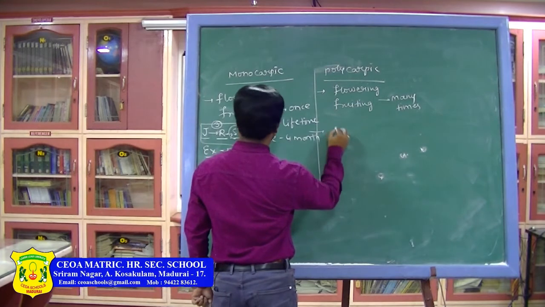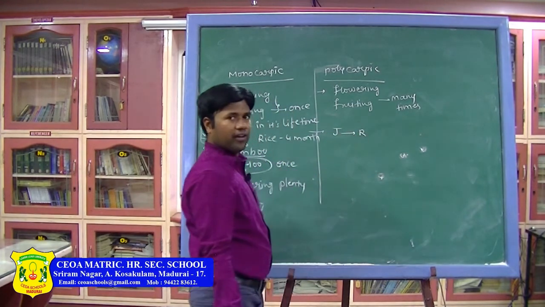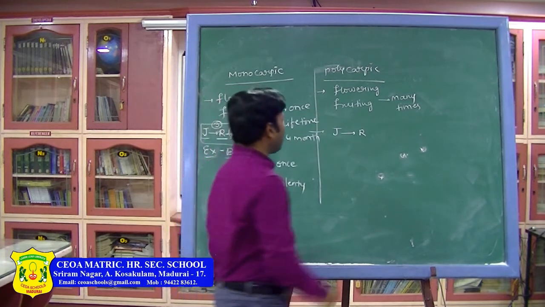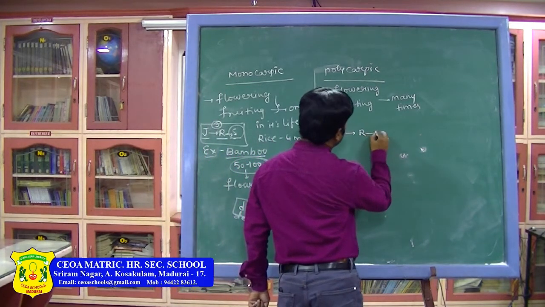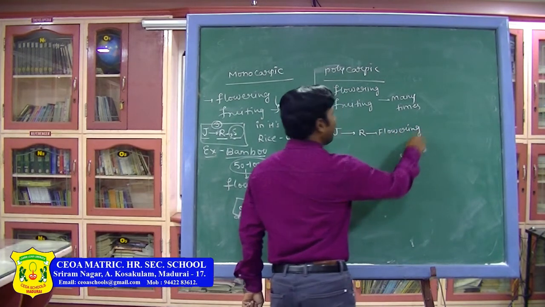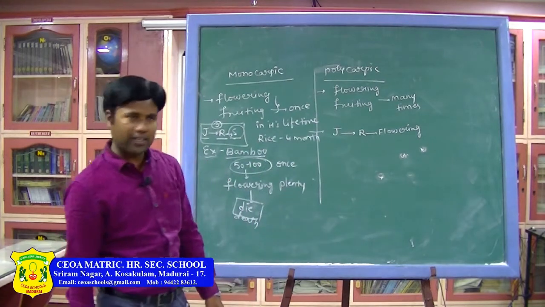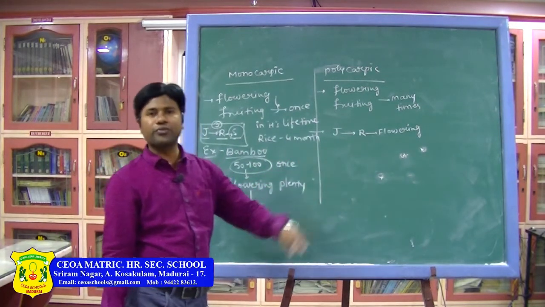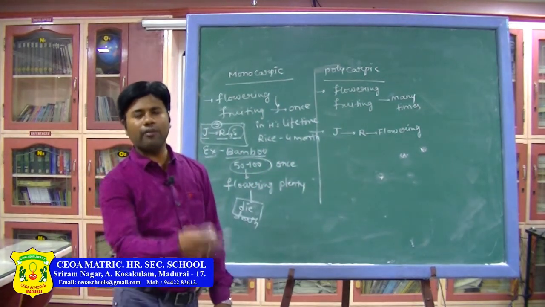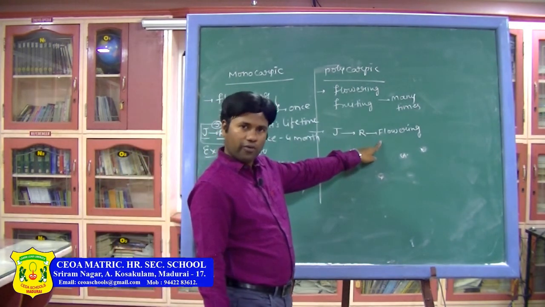First, which phase? Juvenile phase. Next, reproductive phase. Reproductive phase means flowering will be there, and after pollination, after fertilization, it leads to a fruit. The ovary will become the fruit.